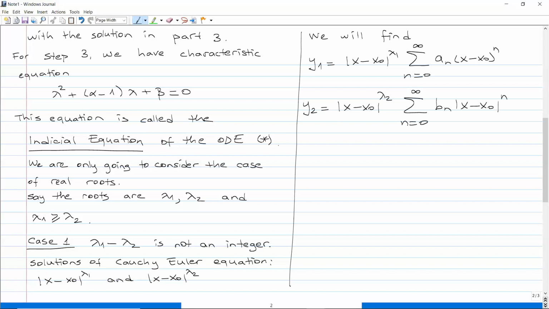Finding the solution means finding coefficients a(n) and b(n).